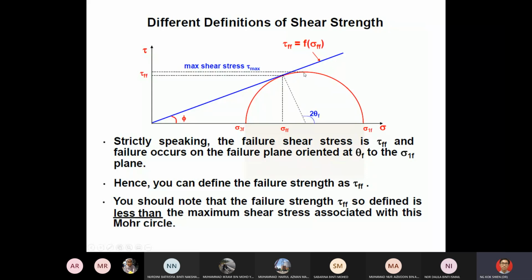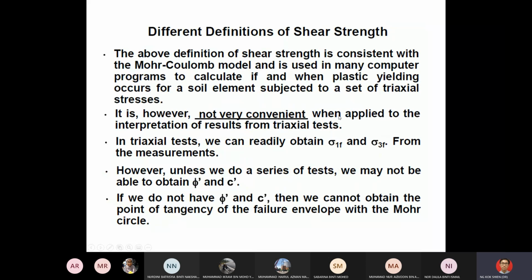We have the triaxial results, with the confining pressure and the axial stress. Then we can find the maximum point easily. You just take (sigma 1 plus sigma 3) divided by 2 minus (sigma 1 minus sigma 3) divided by 2, then you can get the shear stress.